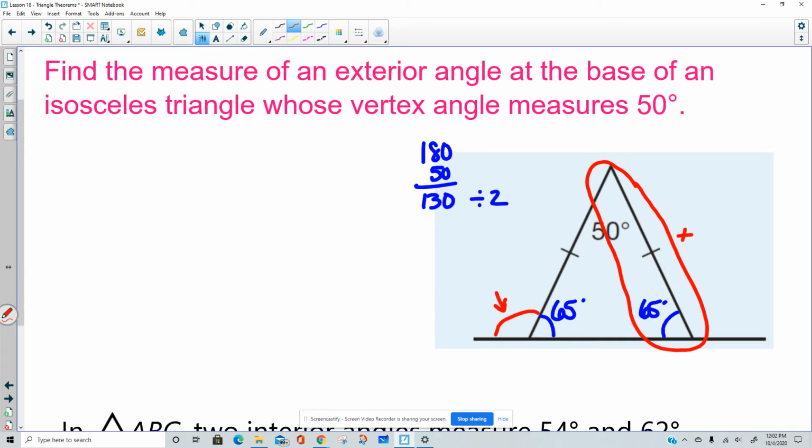So add those up. 50 and 65, so that's going to be 115 degrees, by the exterior angle theorem. Let's put an abbreviation there. So exterior angle theorem. You can put that, or you can put corollary what?